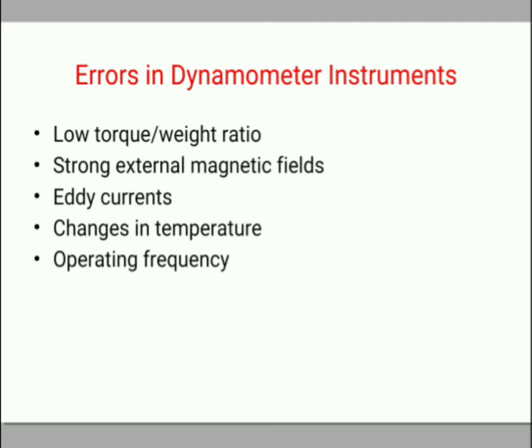Therefore, some technique must be employed to avoid these errors. Temperature compensation is such a technique that neutralizes the effect of changes in the temperature of the instrument. It is achieved by using temperature compensating resistors.